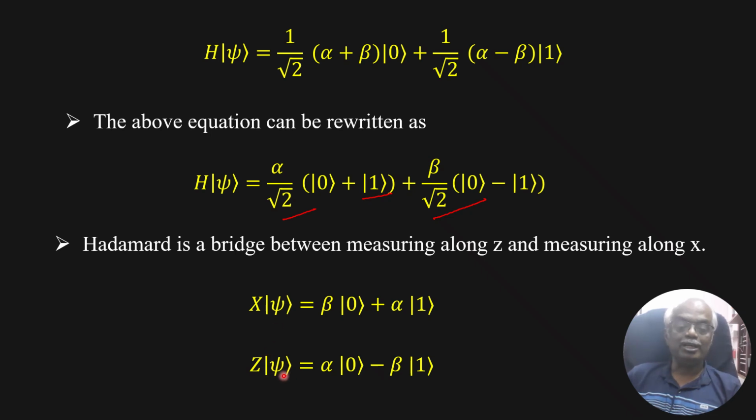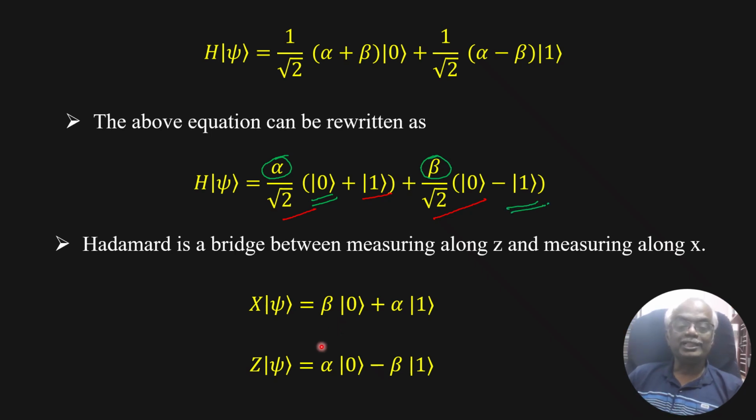When the matrix acts on ket psi, you will get alpha ket 0, the remaining left-out terms, and here beta, minus ket 1.